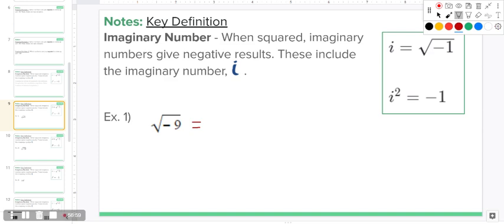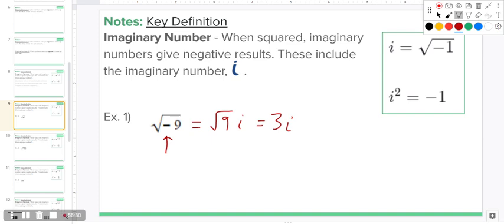We can take this using i by pulling out the i based on that negative sign. So we'll take i and the square root of 9, and now i is outside of that square root sign. Then we can take the square root of 9, which is 3. And so in this case, we'll get 3i.